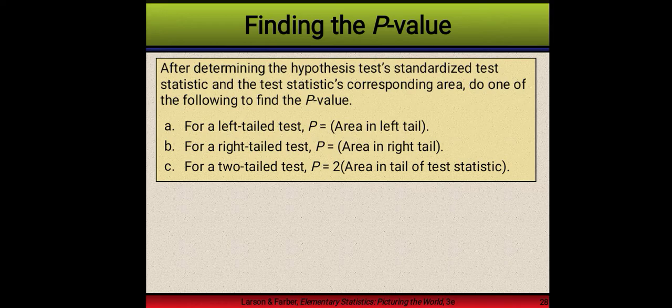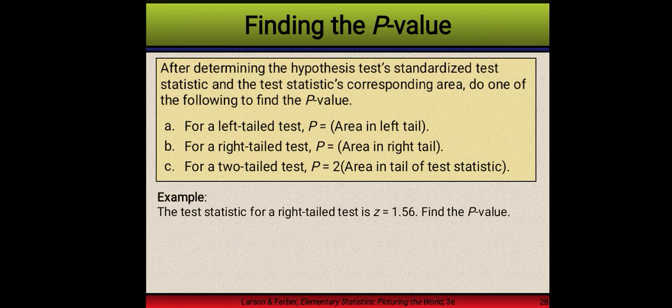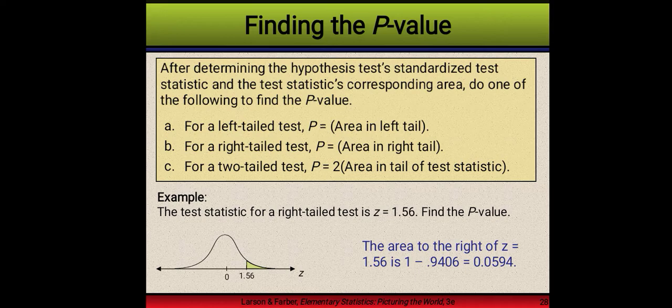Example: the test statistic for a right-tailed test is z equals 1.56. Find the p-value. Now to find the p-value, determine if it is a right or left-tailed test.